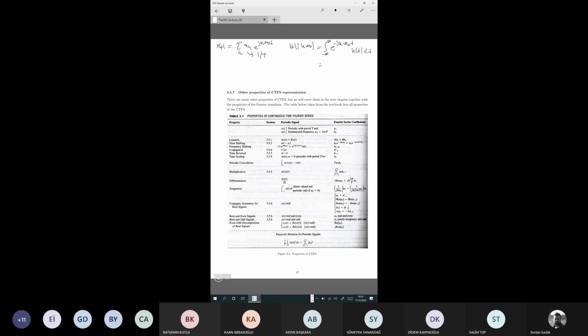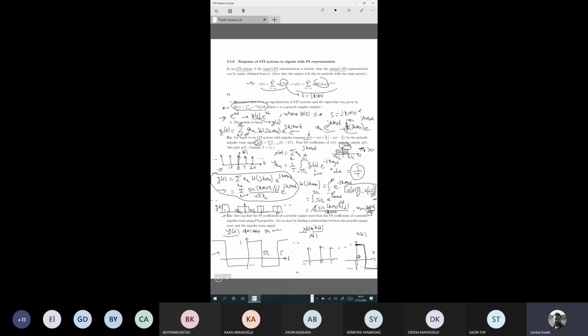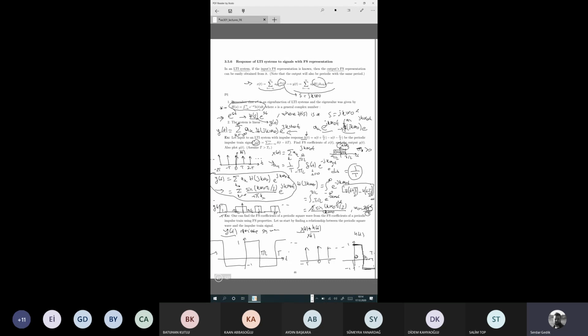And it is simply the integral from 0 to T over 2. So if you go here, it is 1 from 0 to T over 2. And it is minus 1 from T over 2 up to T.